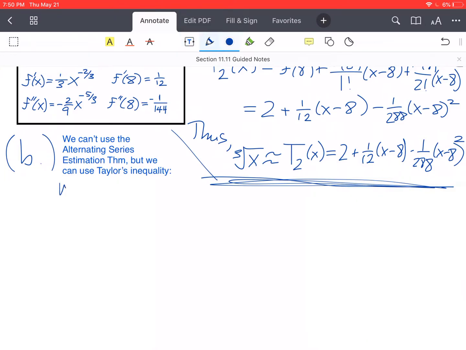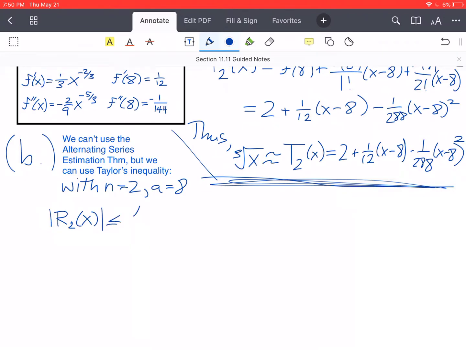So this is going to be with n equals 2, right? That was the degree. And a equals 8. That's where we're centered around. Let me just do this first. One thing at a time here. So this is going to give us the absolute value of the remainder when n is 2.